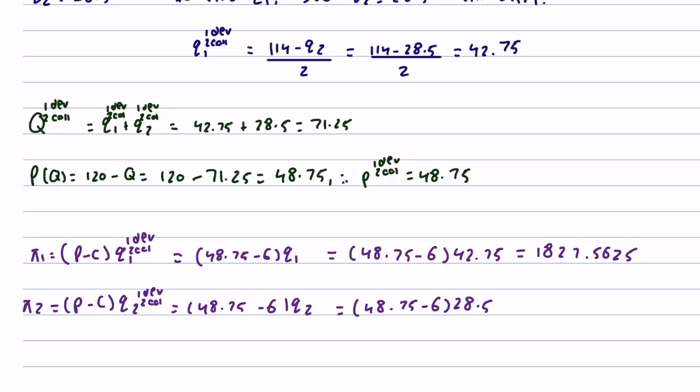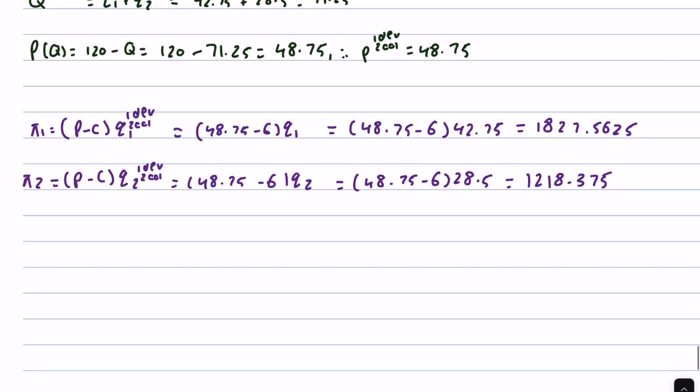This is the same quantity as in the collusion case because firm 2 still colludes. It's firm 1 that's deviating. So this is equal to 42.75 times 28.5, which is 1,218.375, right?